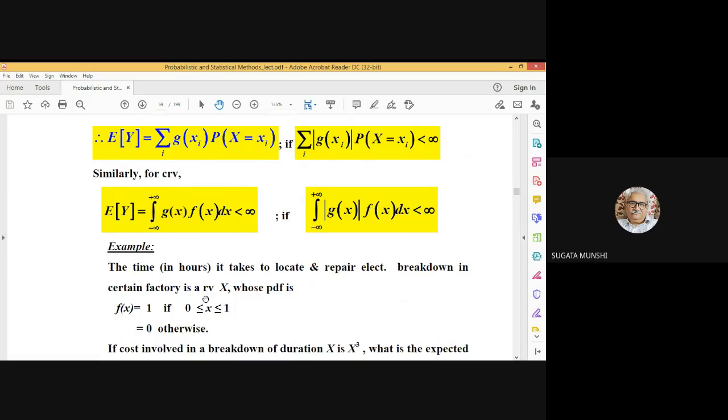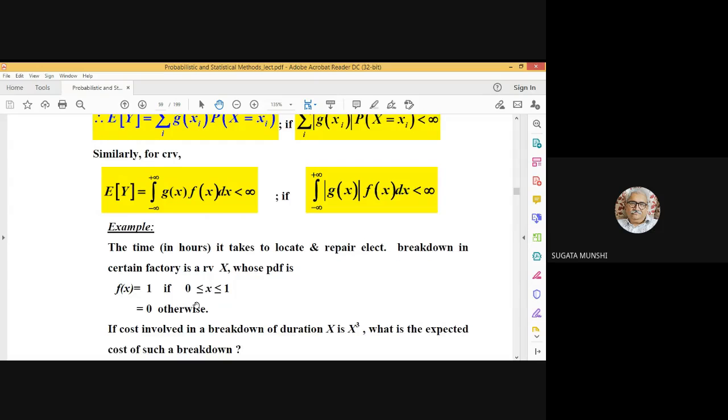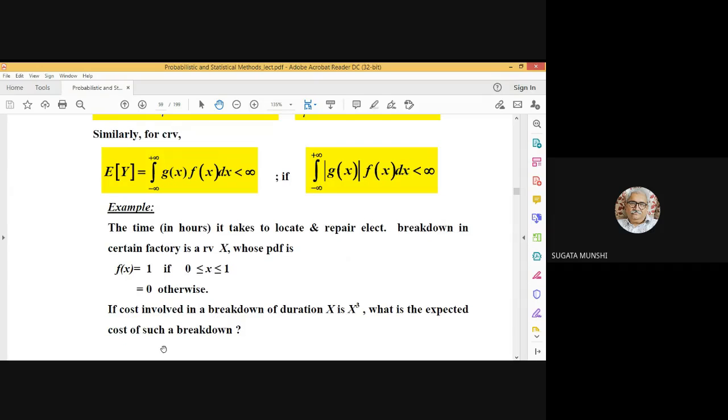Now it is observed empirically that if the breakdown persists for a duration capital X in hours, the cost involved is x cubed. If that be the case, then what is the expected cost of such a breakdown?